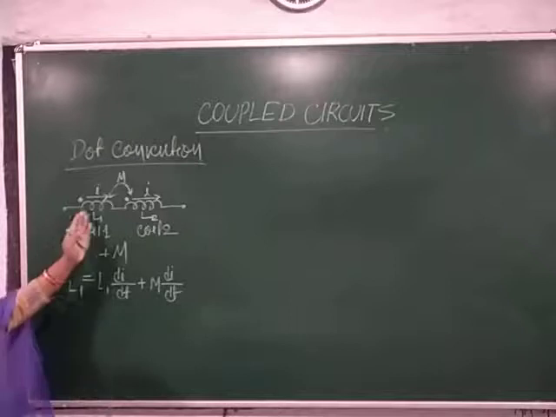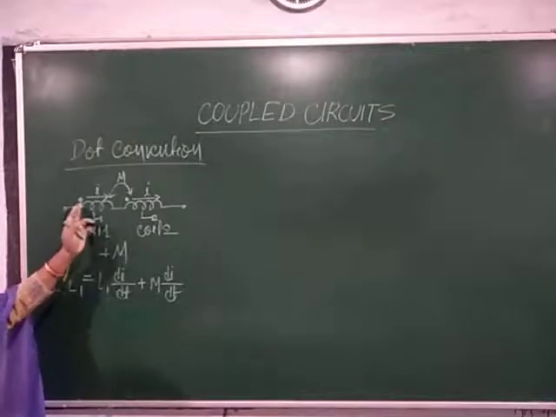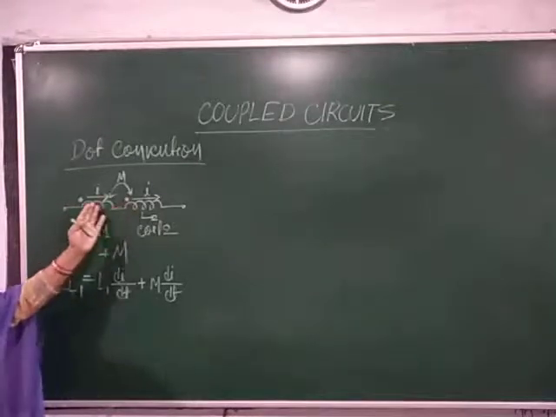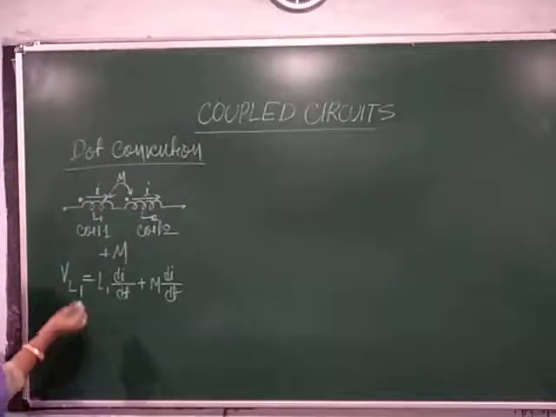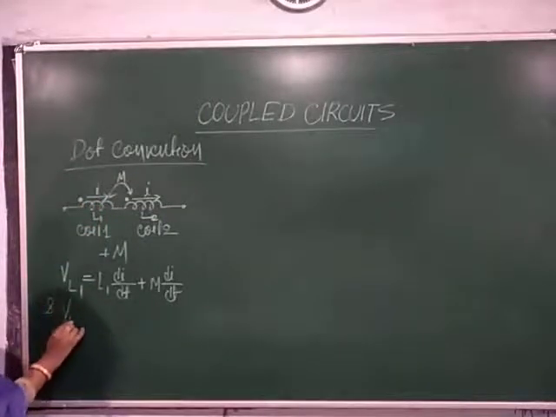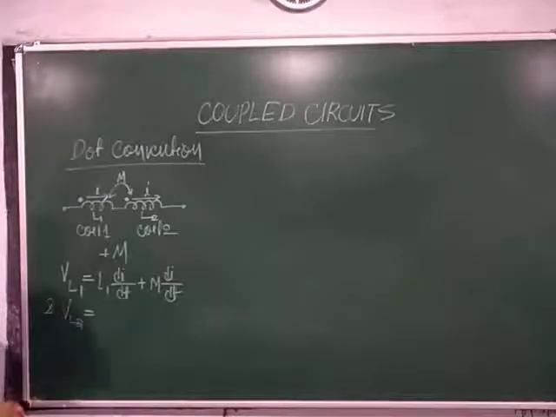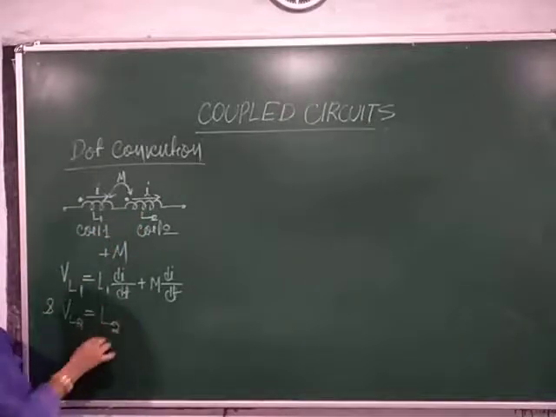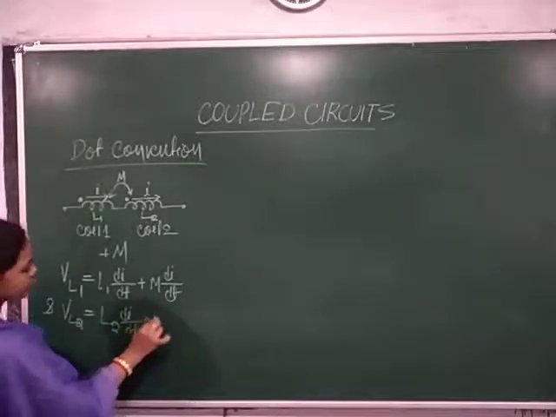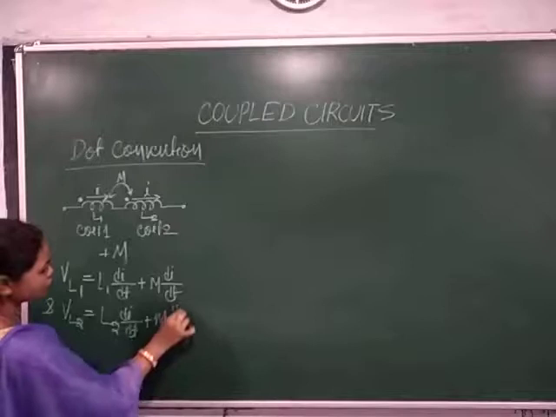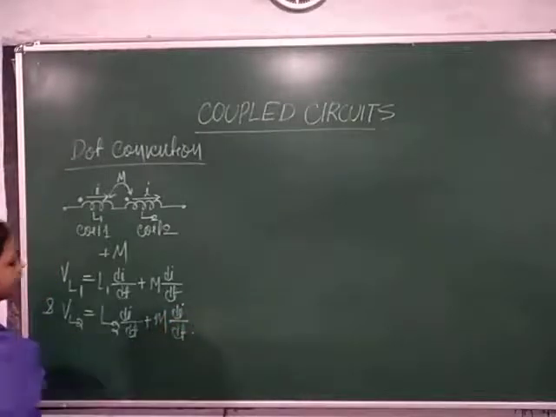This is the first case, where I place the dot at the starting end of the coil. Similarly, you may write the voltage induced in the second coil as the voltage due to self inductance plus the voltage due to mutual inductance.